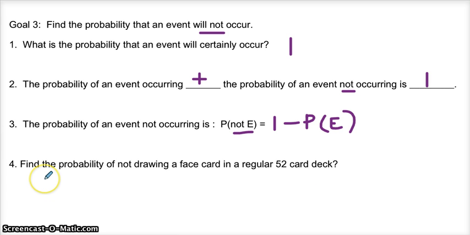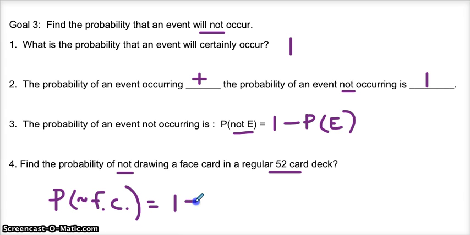So let's look at number 4. Find the probability of not drawing a face card in a regular 52 card deck. So the probability of not drawing a face card, this is the symbol for not, is 1 minus the probability of drawing a face card.